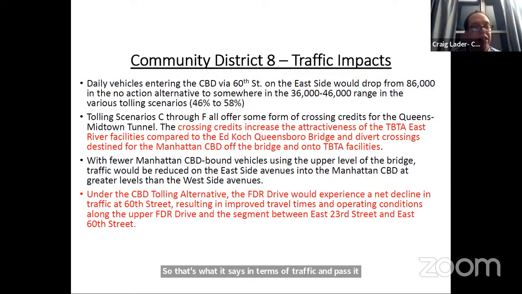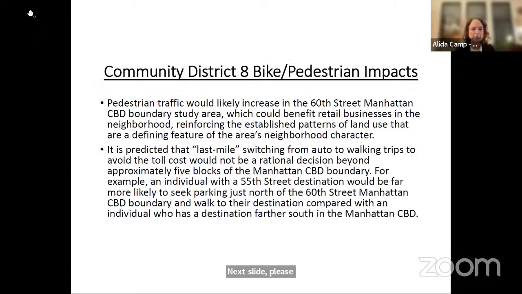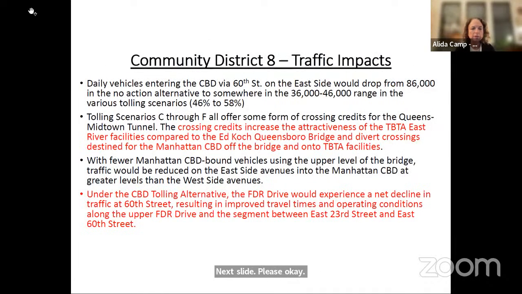Next slide, please. Wait. Could you go back for a second, if you don't mind my interrupting? Because I'm unclear about something in there, which is the last paragraph, the red one, which says that the FDR Drive would experience a net decline at 60th Street and along the segment between 23rd and East 60th Street.